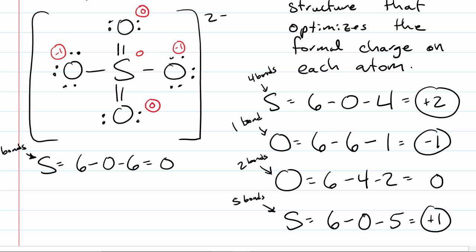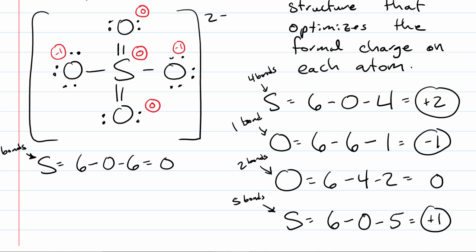We say that the value of the sulfur is 0, and we've now reduced these all down to a value of 0. We still have some negative formal charges. We can't avoid it because in this case the sum of the formal charges has to equal the charge on the ion. So if we do have something that has a non-zero formal charge, which element should it be assigned to?